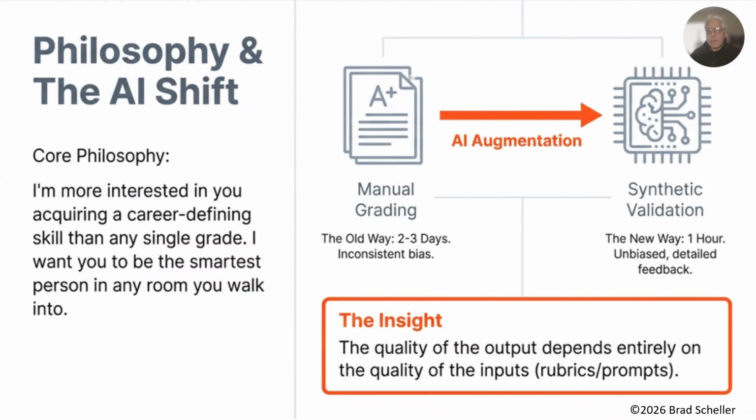The quality of the AI output depends entirely on the quality of the input, how you design your system, how you design your criteria. My grading AI works because I invested significant time creating detailed rubrics and prompts. If I had given it vague instructions, I would have gotten vague results. This is exactly what happens in AI-augmented product design.